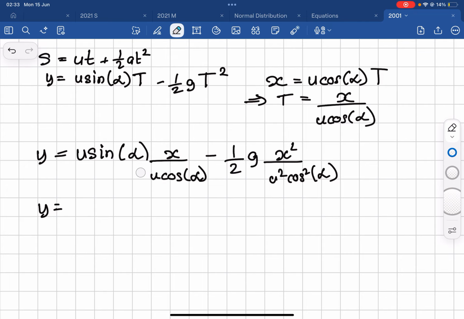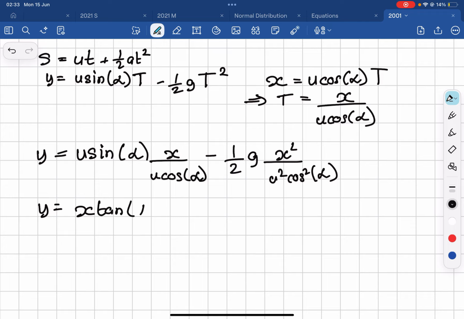So we're left with sine over cos, which is tan alpha, so x tan alpha, minus a half, g stays the same, x squared is fine, over u squared, and then 1 over cos squared just becomes sec squared alpha.